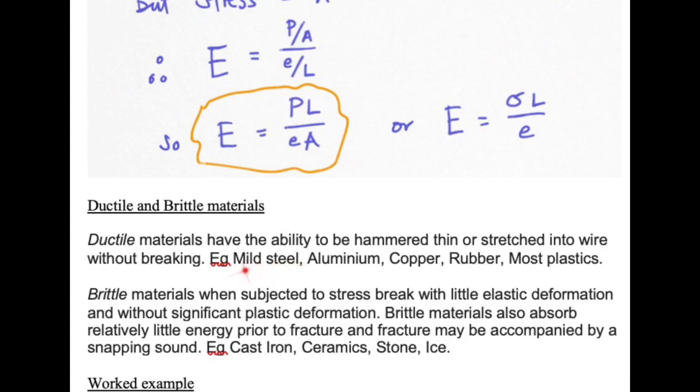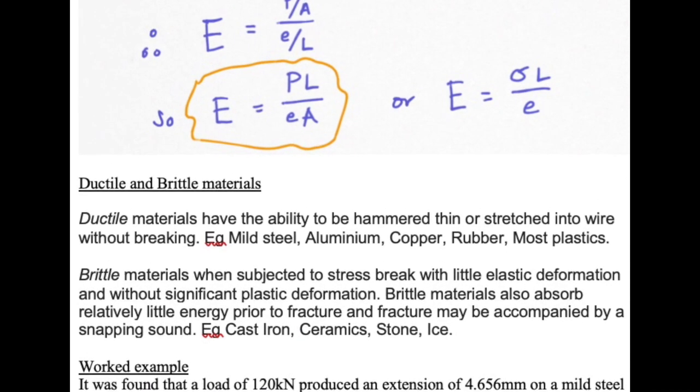So the mild steel that you're going to use in many of your designs, probably the chair that you're sitting on has got mild steel in it, aluminium window frames are all around you, copper you see here and there, rubber you're familiar with, I'm sure, and obviously lots of plastic materials are quite elastic and have this ductile behavior. Brittle materials, on the other hand, are quite the opposite, and straight away let's take some examples.